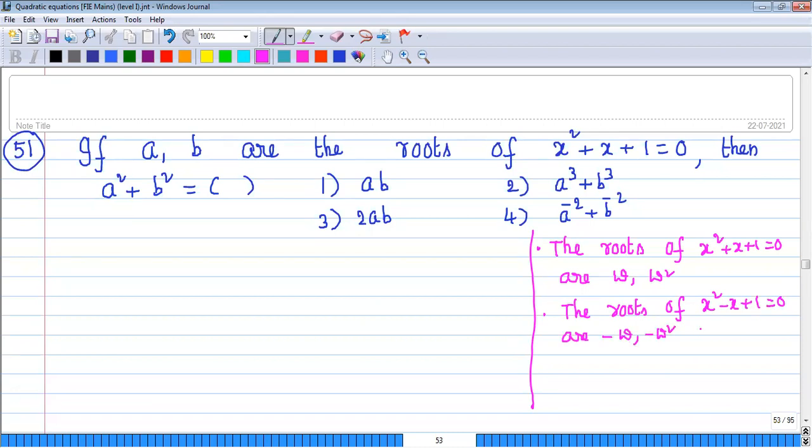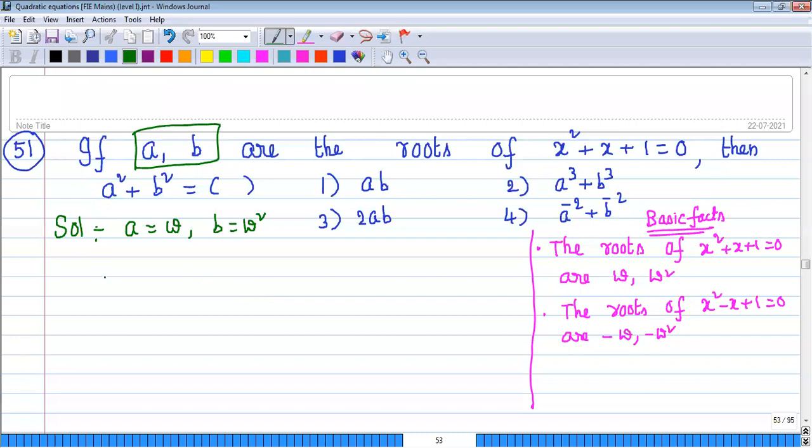You remember these basic facts. So here a, b: a equals omega, b equals omega square. You can interchange, no problem. A is equal to omega square and b is equal to omega, also you can consider.